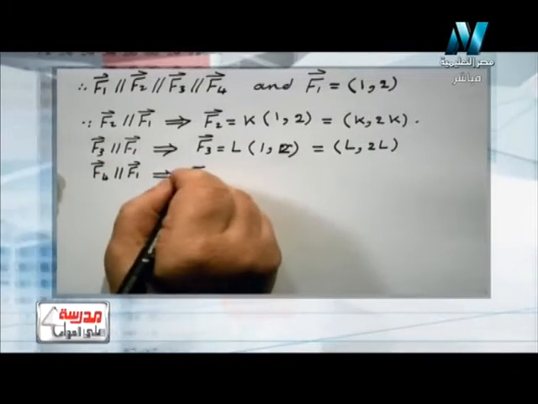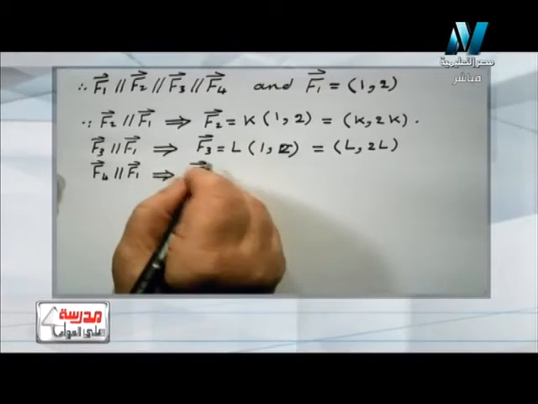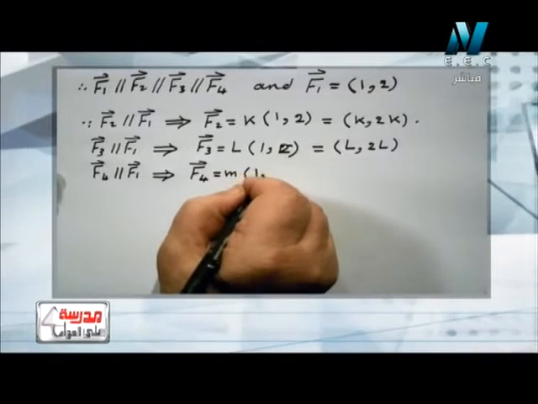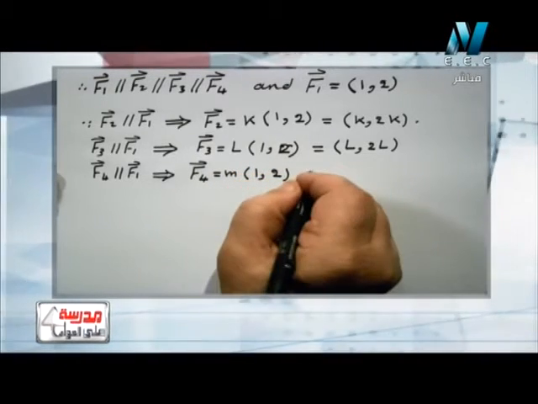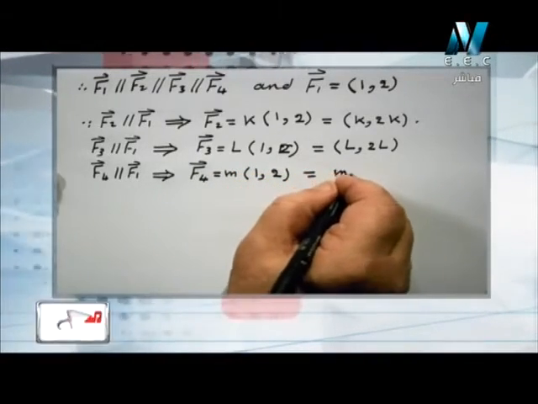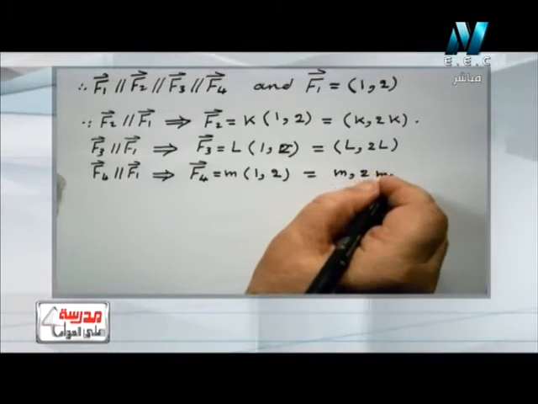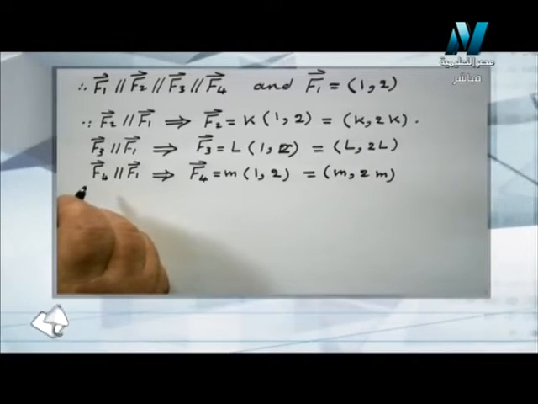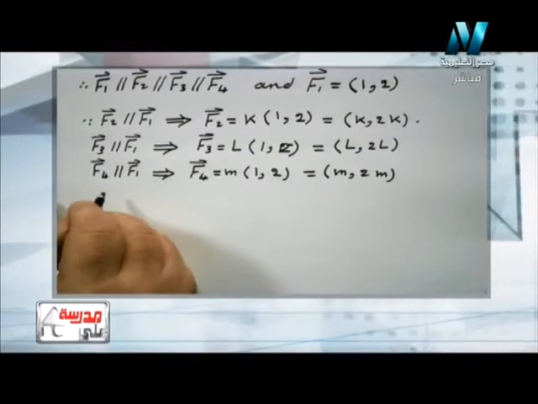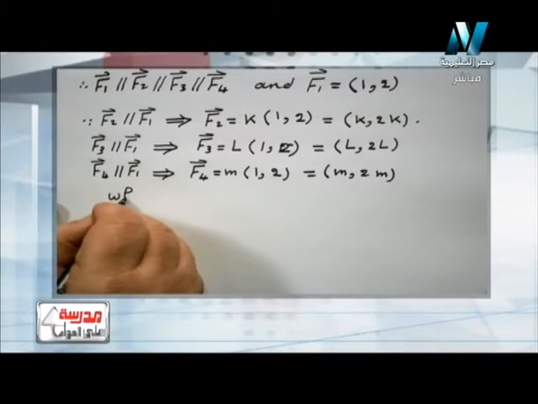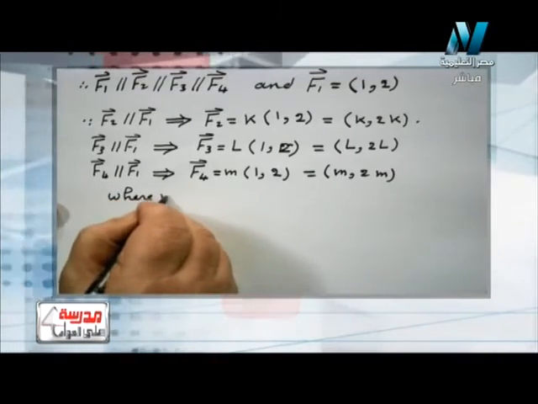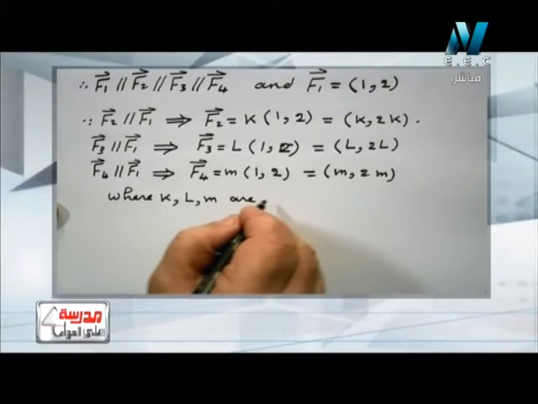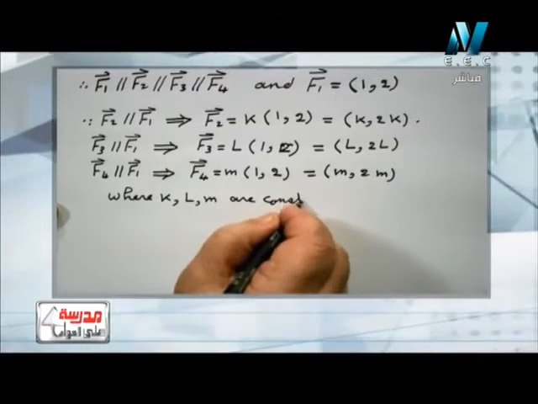Therefore, F4 vector equals M multiplied by F1, 1 and 2, which is M and 2M, where K, L, M are constants not equal 0.